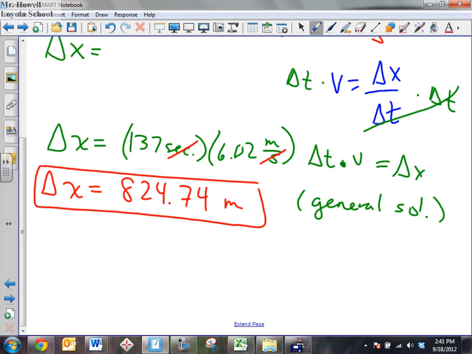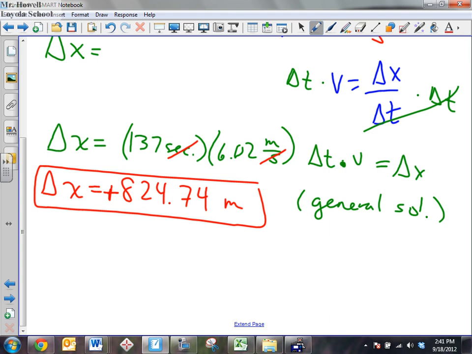Now, think about this logically. The original problem said the velocity was 6.02 meters per second east, which means positive, right? And notice my answer is still positive. So I should really probably put a positive sign here to indicate that it's still east. What if the problem had started and said west instead? What would the only difference be here?